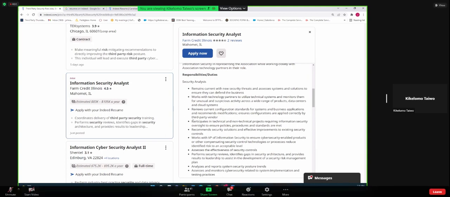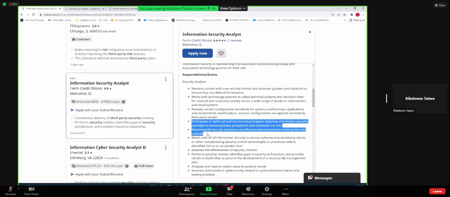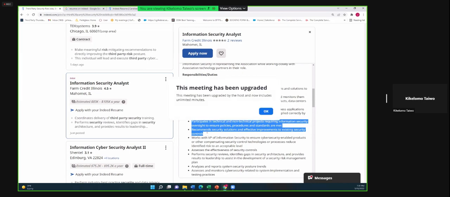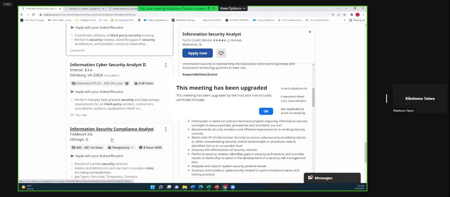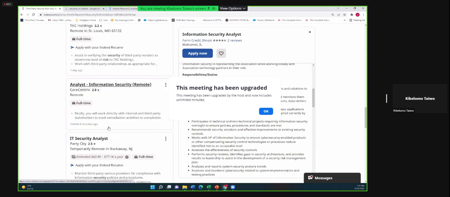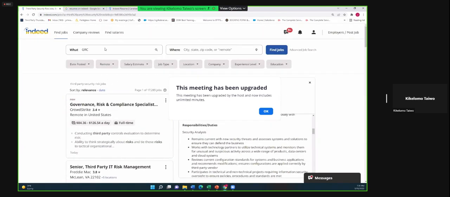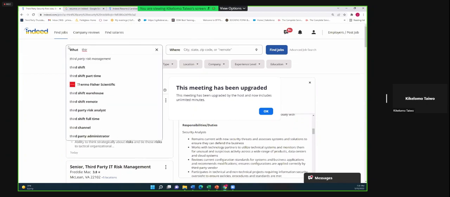So I can add this one to the first one, all right? But I want to add to. So let me focus on the financial one. Let me see what I search. Okay, let me change the search: third party risk management.